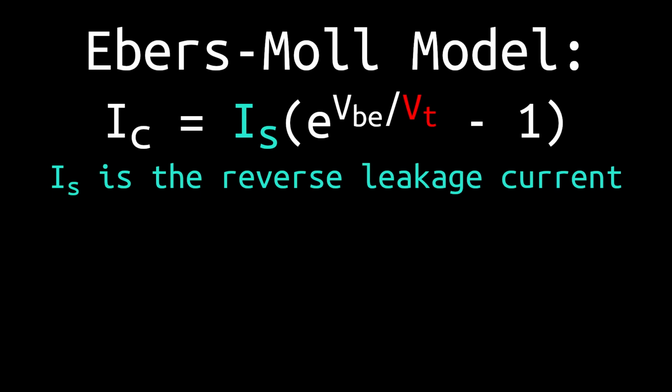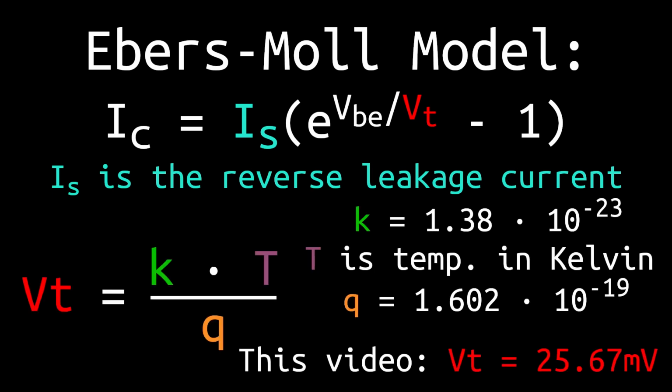You can use another equation, KT divided by Q, to find VT, where K is Boltzmann's constant, T is the temperature in Kelvin, and Q is the charge of a single electron. At room temperature, the thermal voltage is 25.67 millivolts. And this is the result that we will use for the rest of the video.